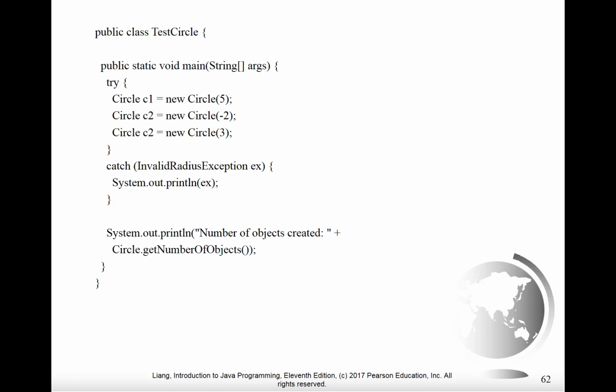And then we're going to continue on. After we've done that, we can't create any more circles because we aborted from the try block, but we can continue on through the rest of the program and print the number of objects created. And once again, as we saw last time, we will simply print a 1 for that value because only one circle got successfully created without creating an exception.